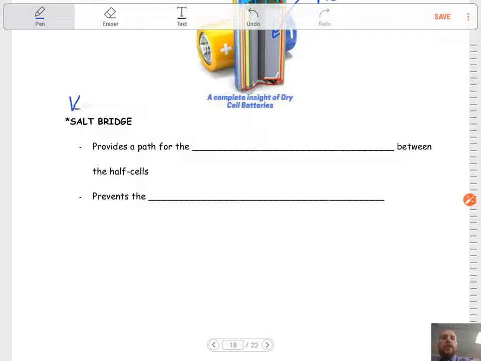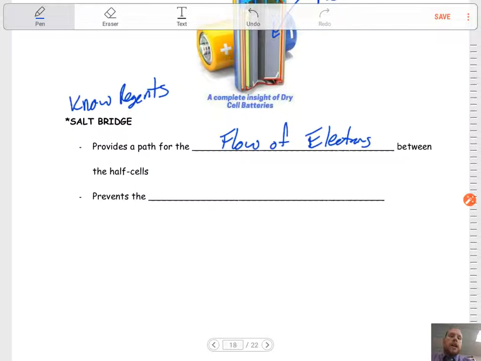Here's the key, guys. You need to make sure you know this for the Regents: what the purpose of a salt bridge is. And that provides a path for the flow of electrons, okay, between the 2 half cells. So without that salt bridge, the circuit's not complete and it wouldn't work. Okay, there's not going to be any flow. This also prevents the buildup of charge.